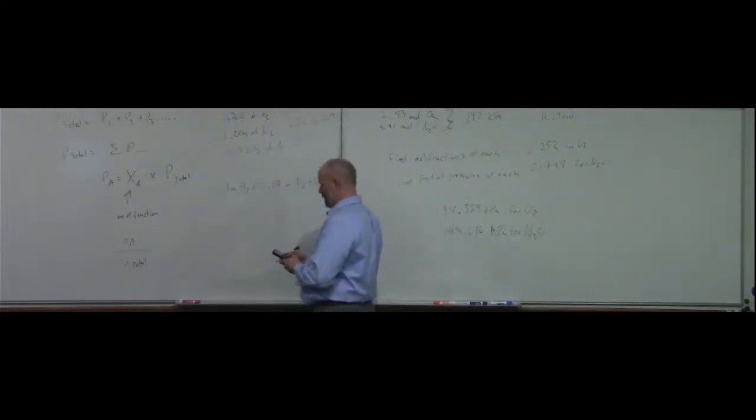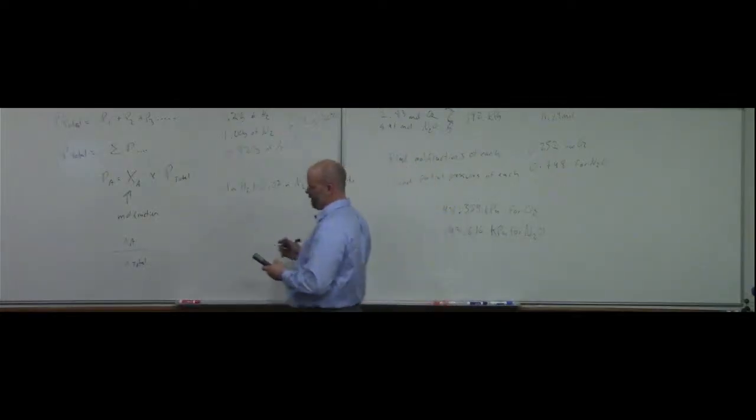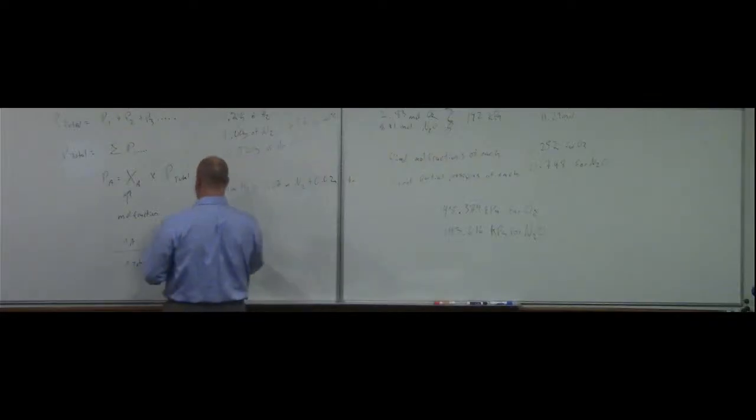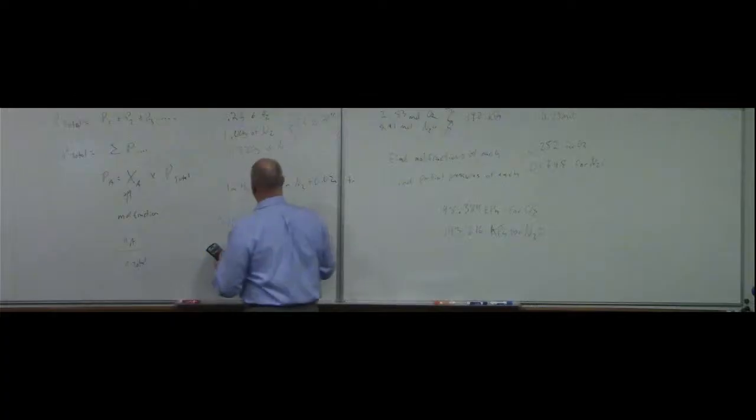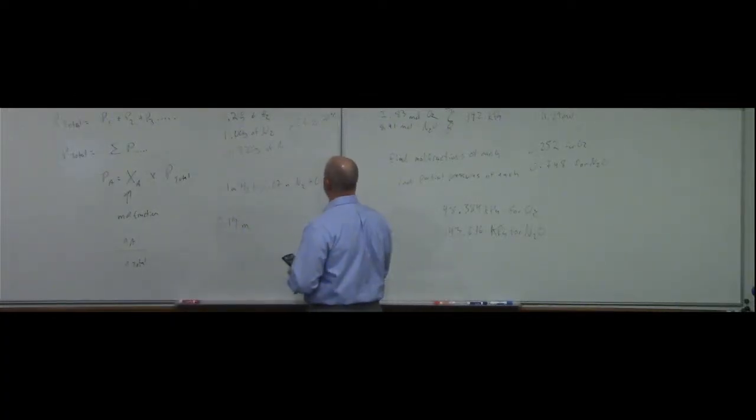Okay, so I add those up: 0.1 plus 0.07 plus 0.02, and I get 0.19 moles, right? So now I just need to plug that into my PV equals nRT.